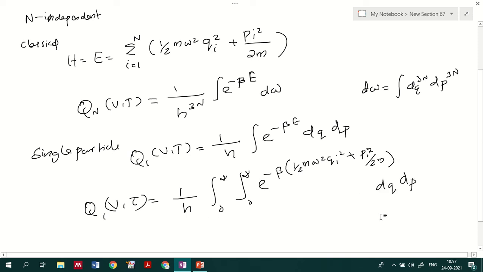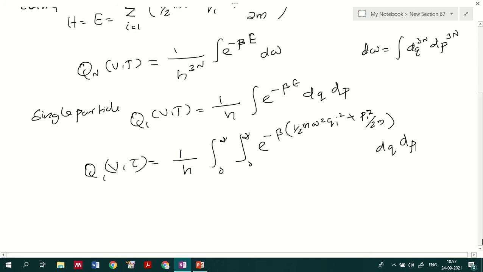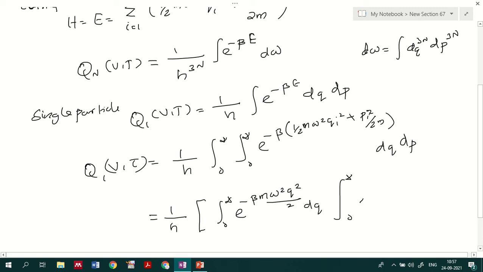Okay, now if I proceed with this, I can represent this as equal to 1 by h, 0 to infinity e raised to minus beta m omega square q square by 2 into dq. Then we'll also have 0 to infinity e raised to minus beta p square by 2m dp.